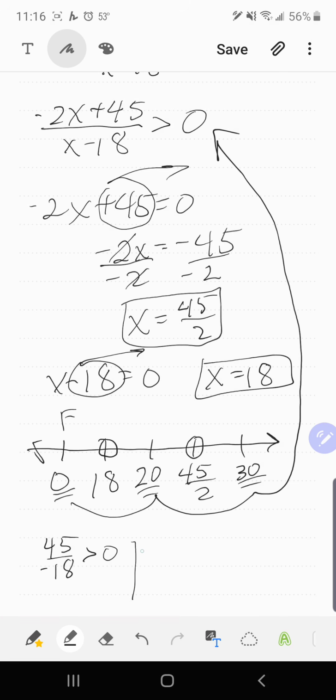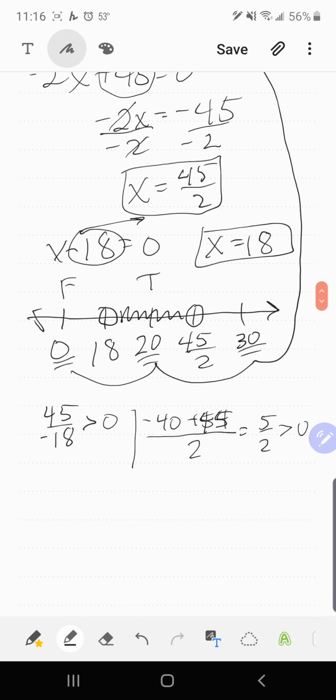So that's going to give us negative 40 plus 45, and 20 minus 18 is 2. And that's going to be 45 minus 40 is 5 over 2, which is positive, which is greater than 0. That's true. And that means we're going to shade that region.